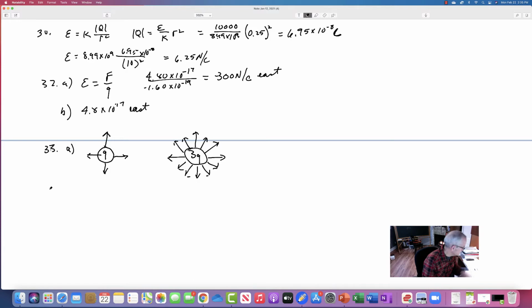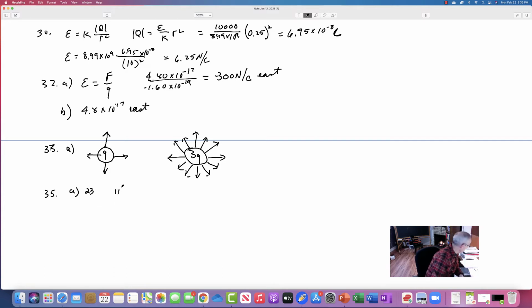And 35 looks at the same thing. If you look at the diagram in 35, if you count the lines around the smaller positive dot, the one that has the most lines, you'll see that there are 23. If you count the lines that come out of the other one, you'll see that there are 11.